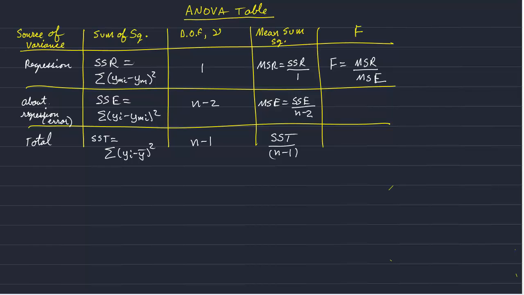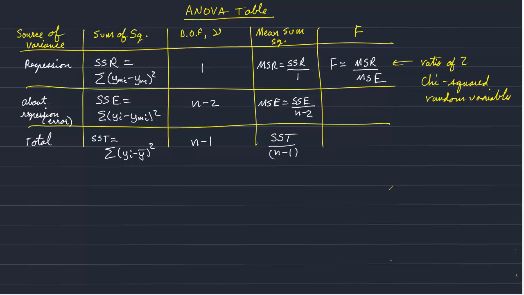And you should recall that the F statistic is a ratio of two chi-squared random variables, or random variables that have chi-squared distributions.